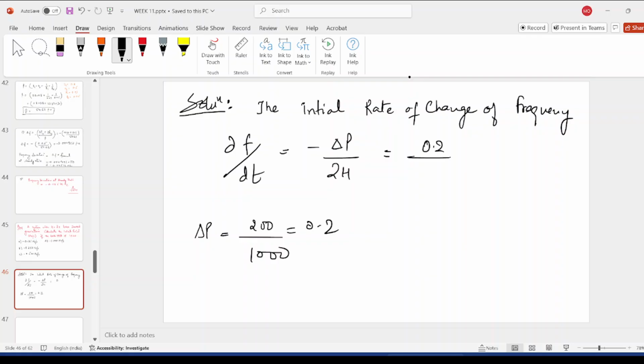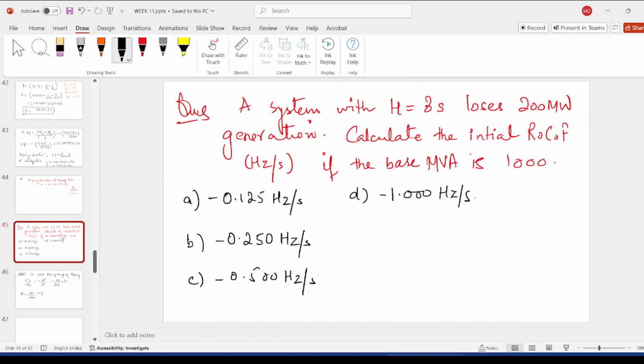So minus 0.2 divided by 2 into H, which is 8 seconds, multiplied by the frequency, which is 60 hertz. I think I have given it in the question. No, so the nominal frequency is 60 hertz here.